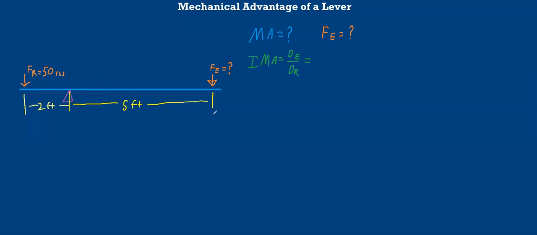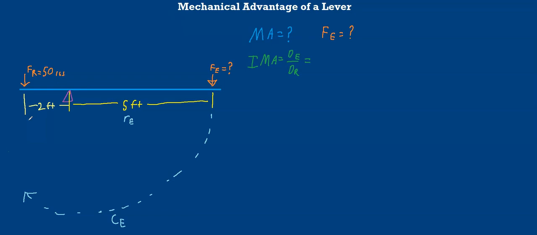And so what the distance effort would actually look like is just a big circle around our fulcrum. The distance traveled by our effort force would be along the perimeter of this circle, which is just a circumference. So let's call that our circumference effort. And you may notice that this 5 feet would be the radius of that circle created by our effort force. So let's call that our radius effort.